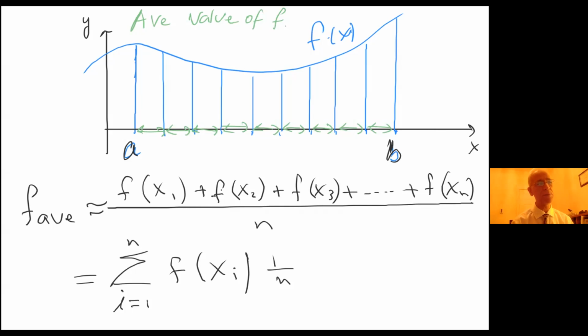Why is that almost? Because we need to have infinitely many rectangles to find the exact value of f average.